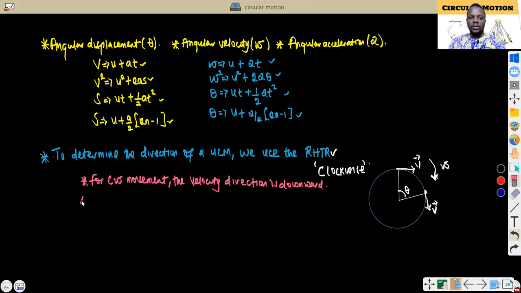And for anti-clockwise, we write that as ACW, the velocity direction is upward, which is very important. So we keep it in mind at the back of our mind, because most examiners love to ask about the direction of the motion of velocity if it is moving from one point to another.